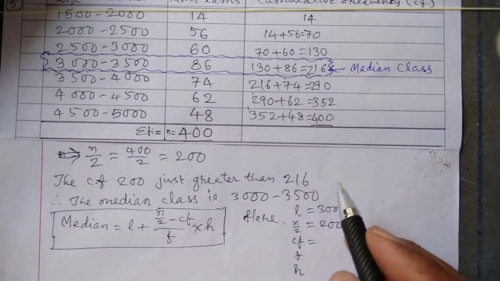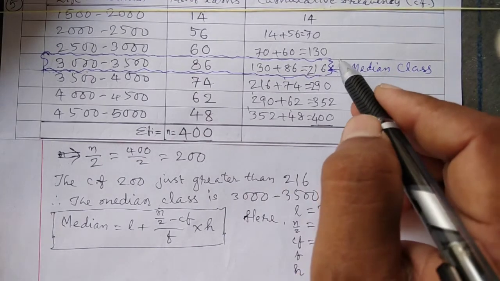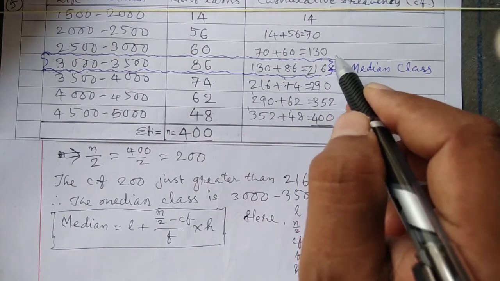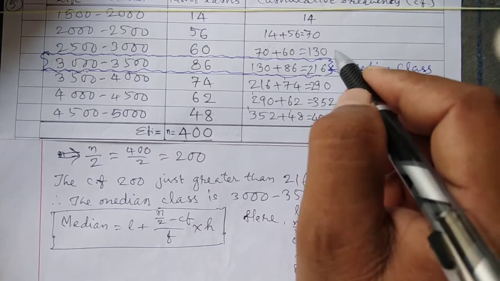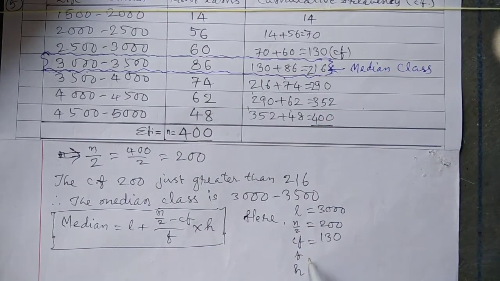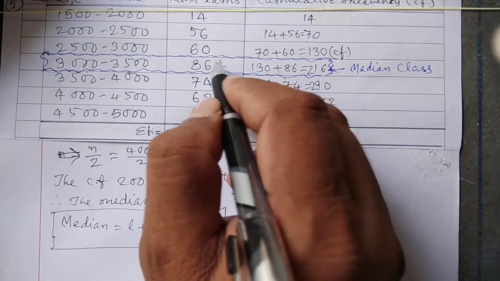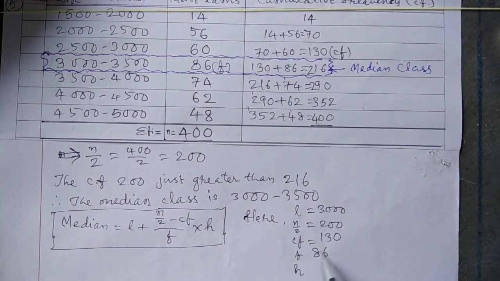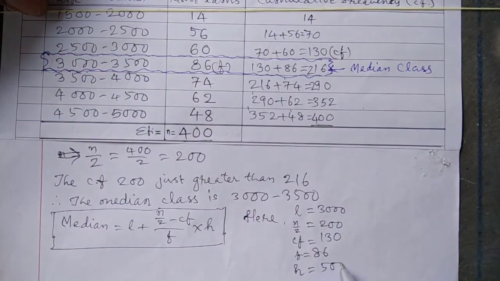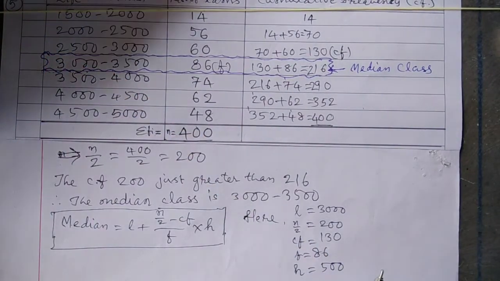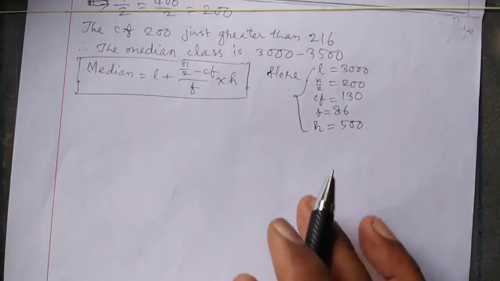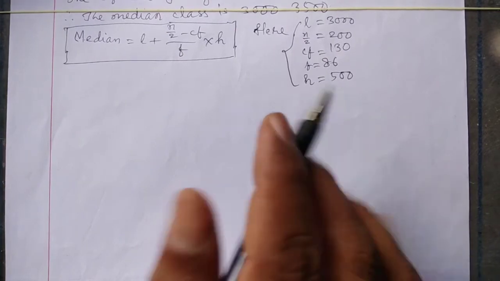CF, the cumulative frequency of the class preceding the median class, is 130. The frequency is 86, and the height of the class is 500. Substituting these values in this formula, we can get the median.